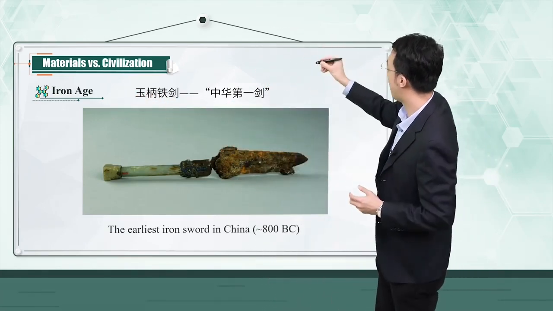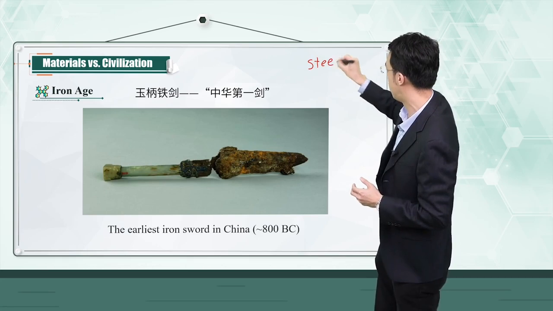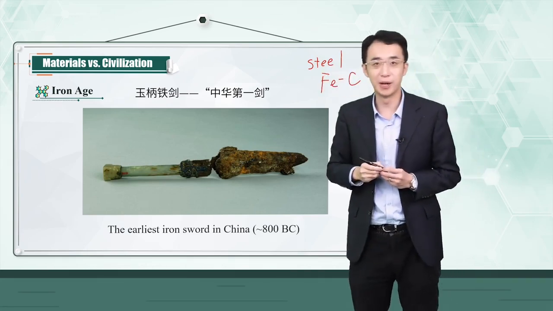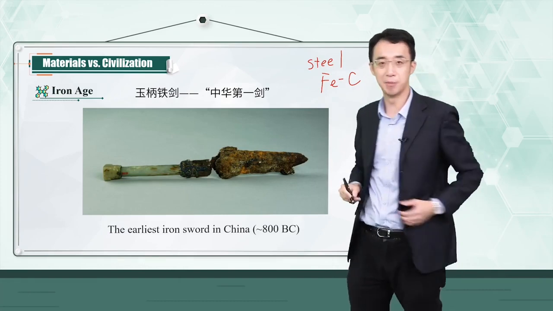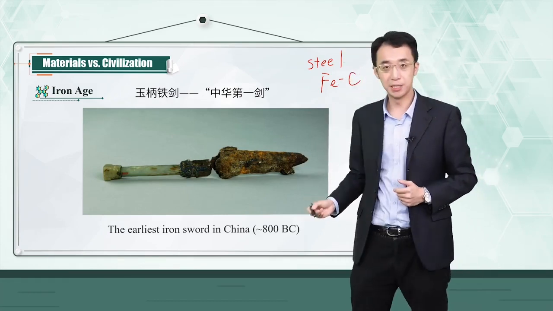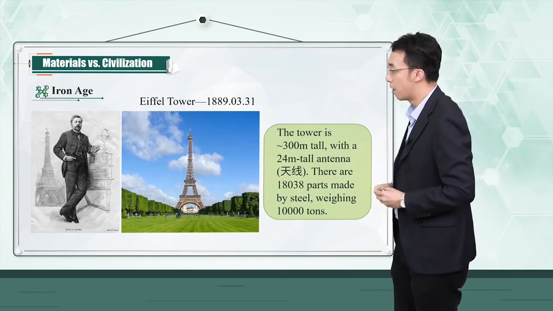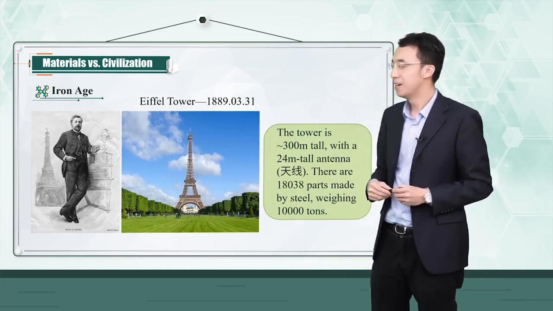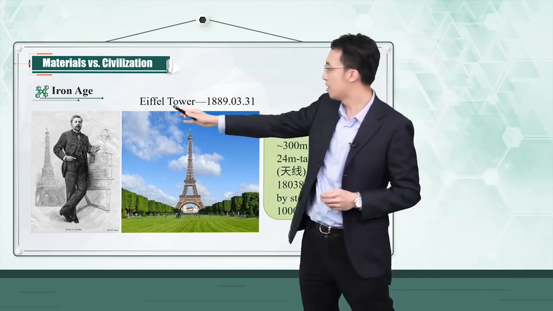And then we enter into the so-called Iron Age. Essentially, the material usually used in the Iron Age is steel, which is an iron-carbon alloy, or a combination of iron and carbon elements. Here is the earliest example of an iron sword in China, dating back a few thousand years.